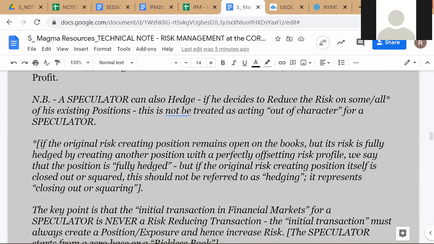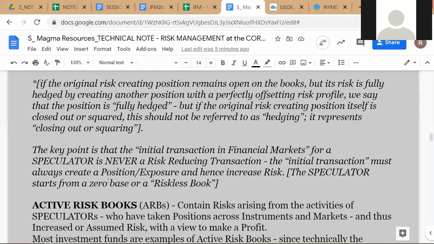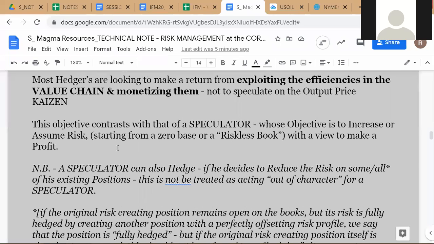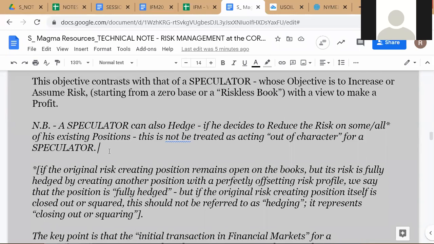But if you remember the hedging example I gave you in the case of equities, recall the VIX and S&P 500 correlation discussion in the options note.